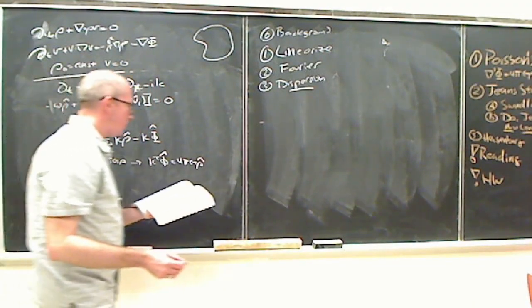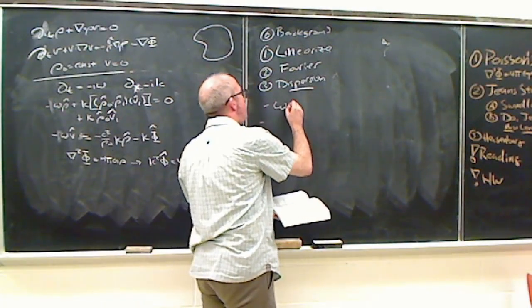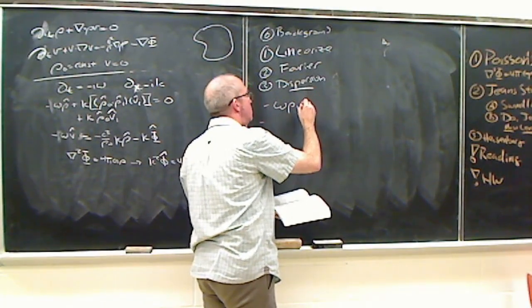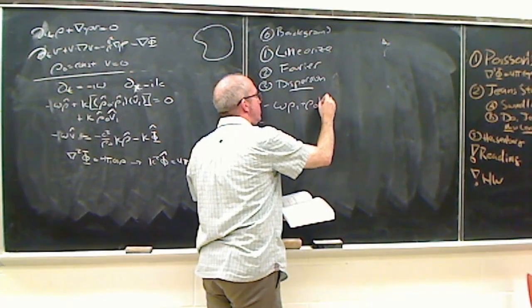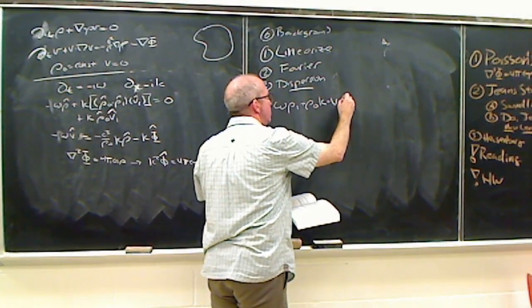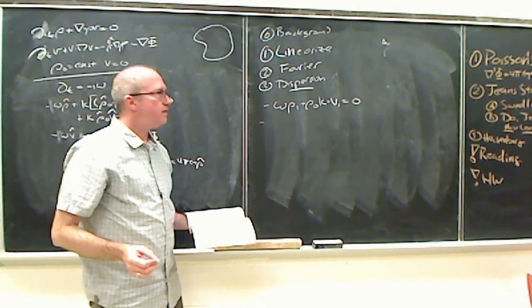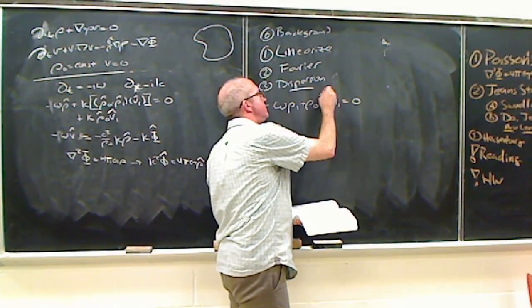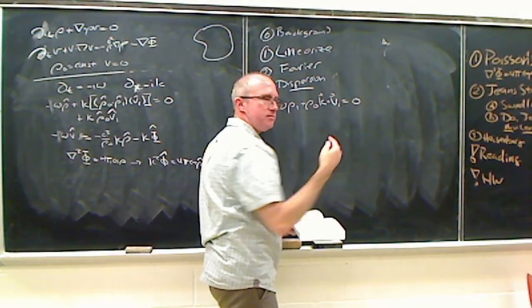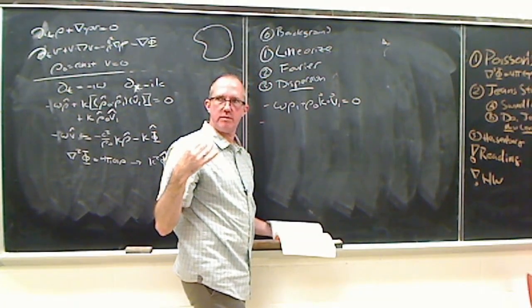Okay, so over here, we're left with minus omega rho 1 plus rho naught k dot v1 equals 0. And the k dots into the v1, that doesn't matter because we're in one dimension, so that's how it would work.